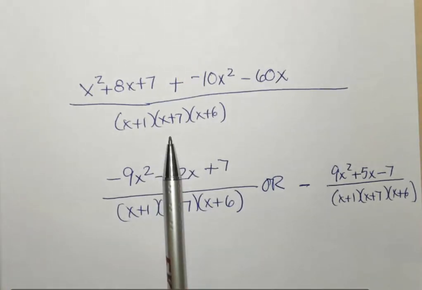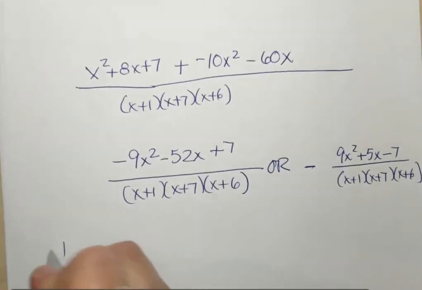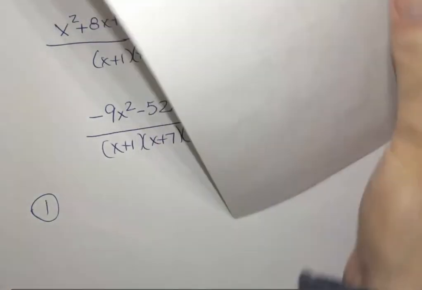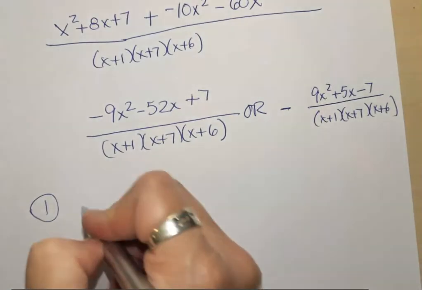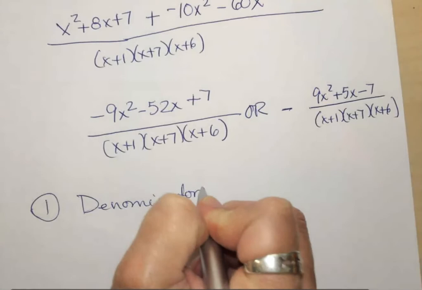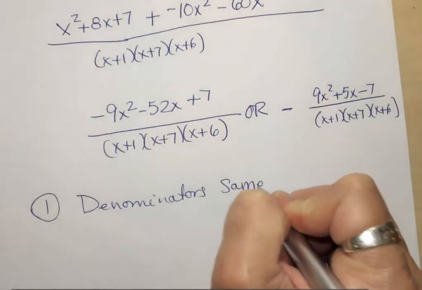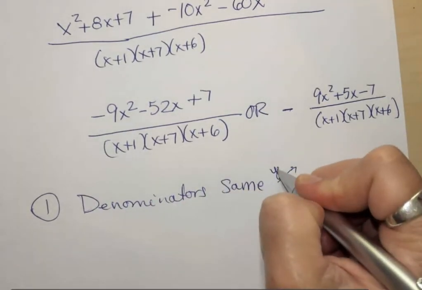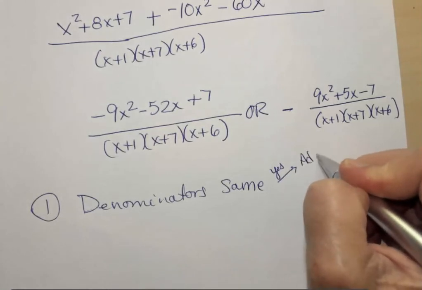So let's talk through our steps. First step is check to see if your denominators are the same. If they are the same, add numerators.